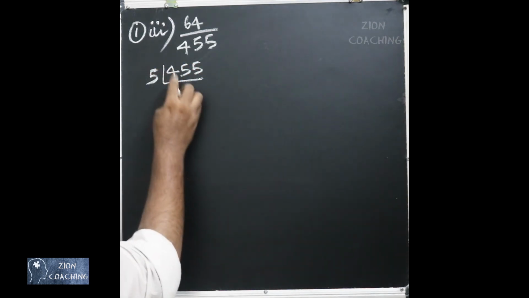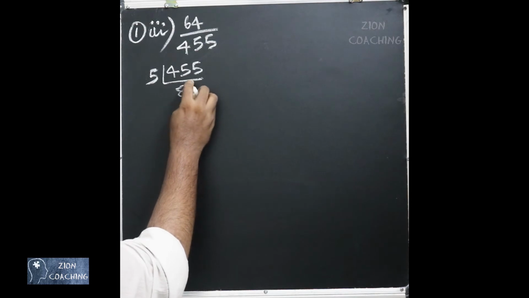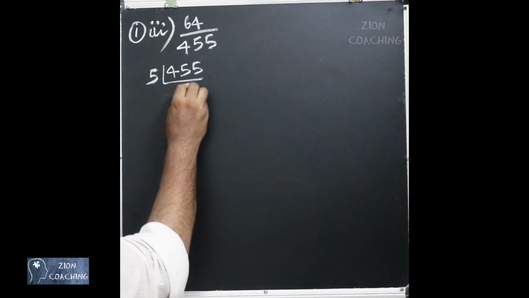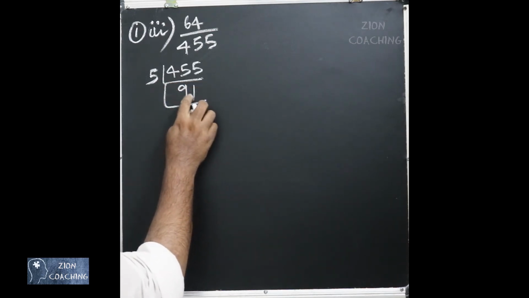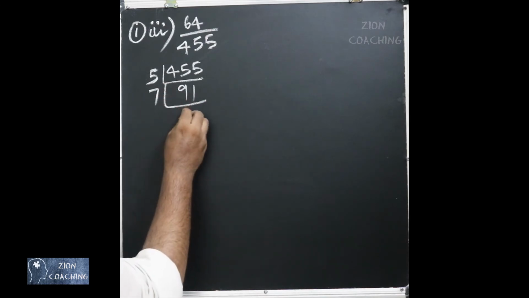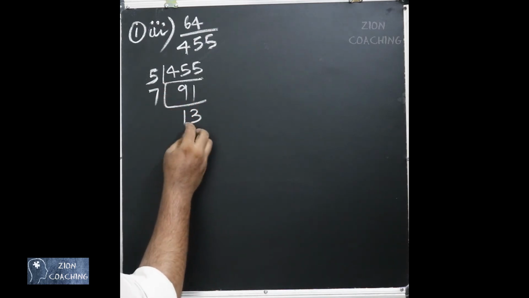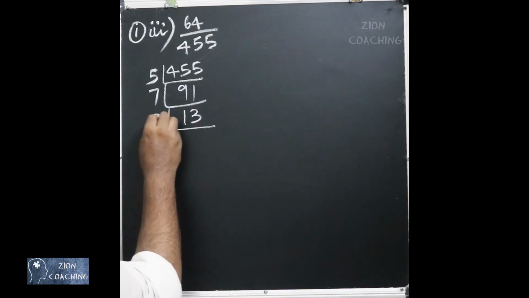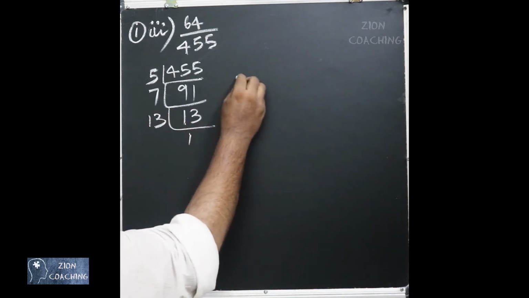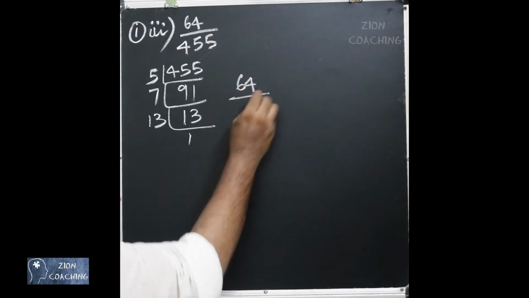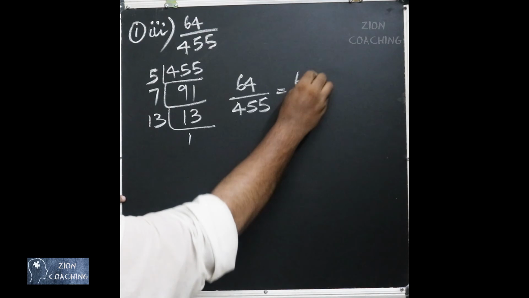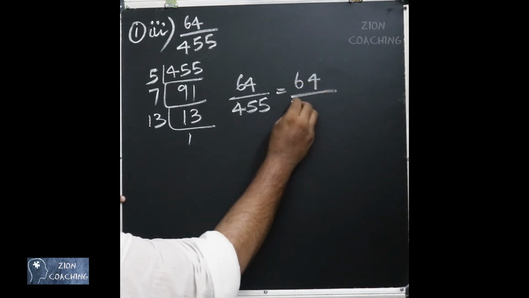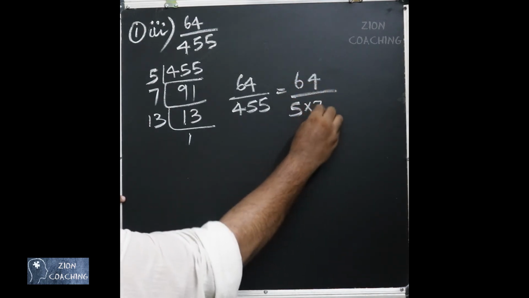When you divide by 5, 9 5s are 45, you get 91. Now this number is divisible by 7. 1 7 is 7, 3 7s are 21, then 13, then you get 1. So the given number 64 by 455 can be written as 64 by 5 into 7 into 13.